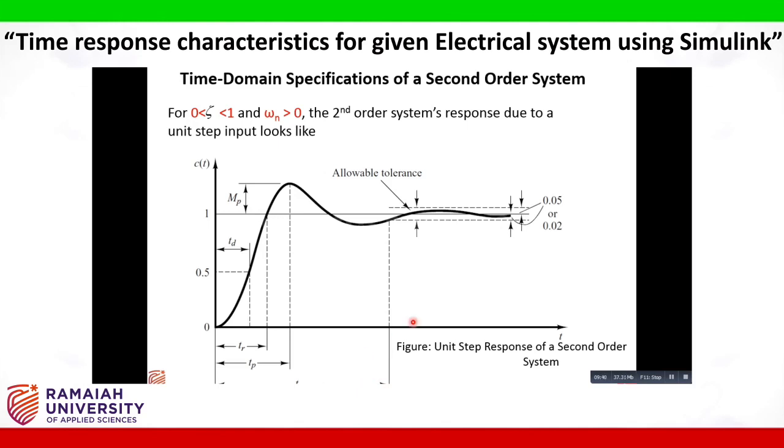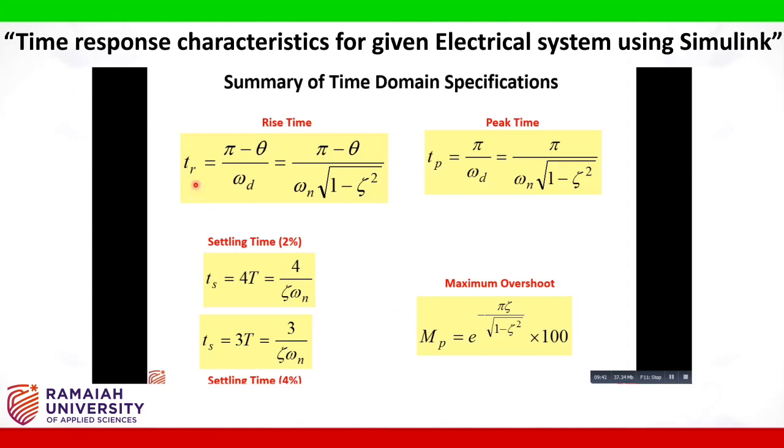So these are the various formulas which are used to calculate the rise time, which is pi minus theta by omega n root of 1 minus zeta square, peak time, settling time, for both 2% and 4% tolerance, and this is the maximum overshoot formula, and this is given in percentage.